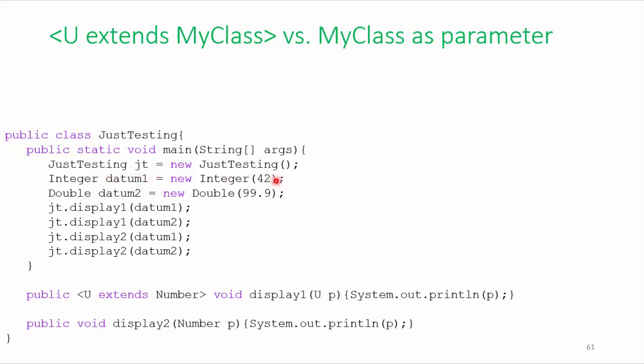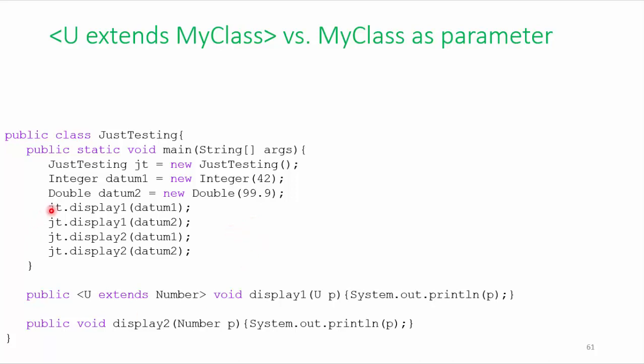That integer represents the value 42. Datum2 is going to be a Double that represents the value 99.9. So now we have three objects, right? JT, which is a reference to justTesting, datum1, which is a reference to an Integer, and datum2, which is a reference to a Double.